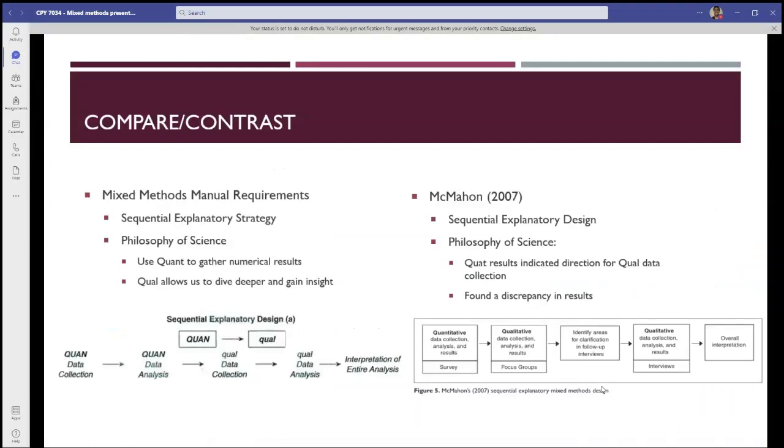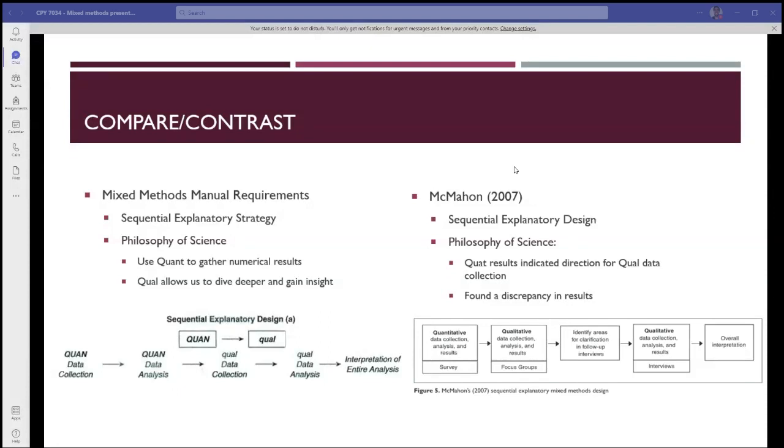So comparing and contrasting this study with our mixed method manual requirements, as I previously stated and Ben mentioned, in the manual, one aspect of mixed methods is sequential explanatory strategy, where you initially start with quantitative data collection and analysis.